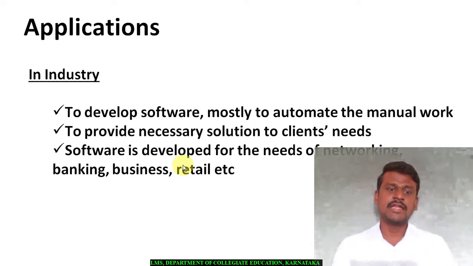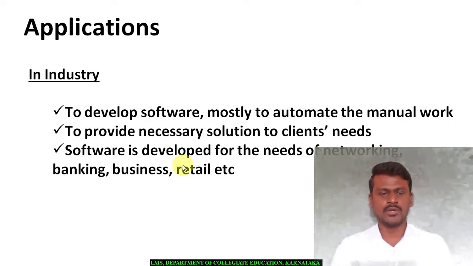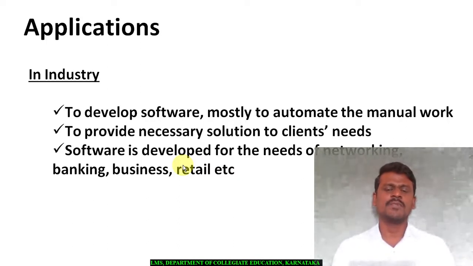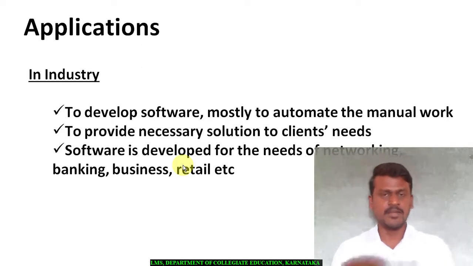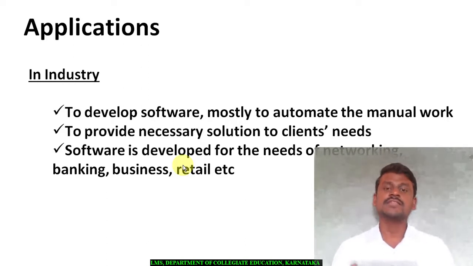Next is industry. In industry, computers are used to develop software, mostly to automate manual work. Why are softwares developed? To automate manual work. Not only that, there are also applications for making purchases and sales, that is e-commerce.